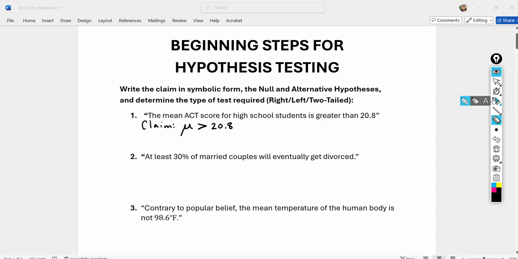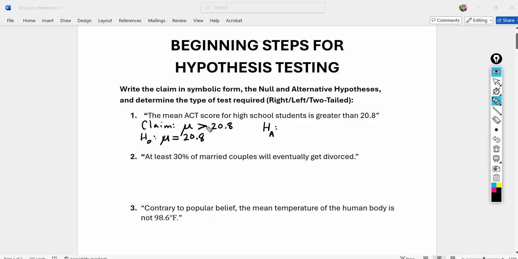The next thing I'm going to do is write the null hypothesis, and the null hypothesis is always the original claim written with an equal sign, always, and it's written with an H naught, always. So here we did change the symbol. That's okay. Now the alternative hypothesis, some books write it with a capital A, some books write it with a 1.